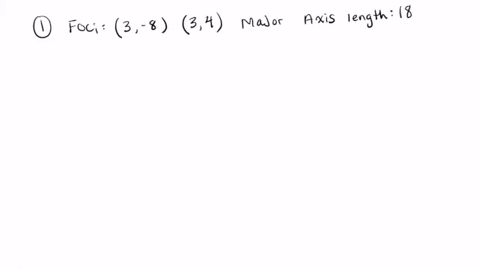I am given these 2 foci points, (3, -8) and (3, 4), and then they tell me that my major axis length is 18. So the first thing I'm thinking through is I have this equation, (x minus h) squared over a squared plus (y minus k) squared over b squared equals 1.